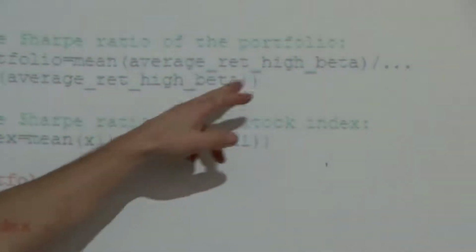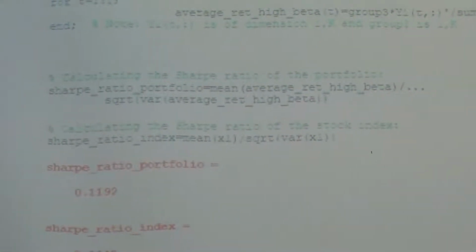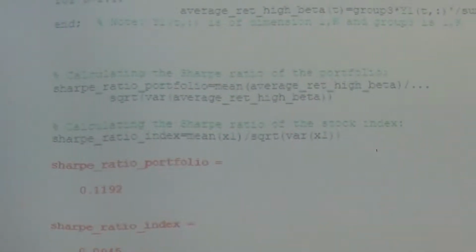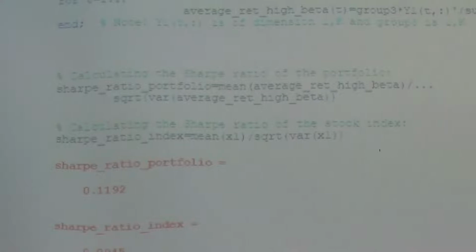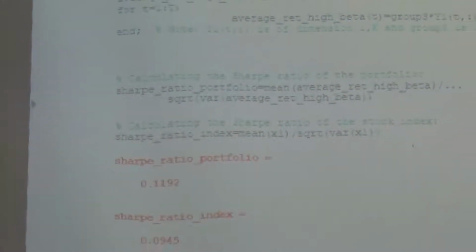So I want to divide the sample average, the mean of the average return of the high beta portfolio, by the square root. SQRT means take the square root of what is in parentheses, and what we have in parentheses is VAR.